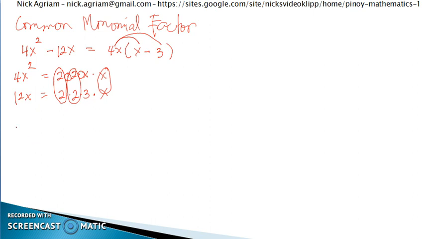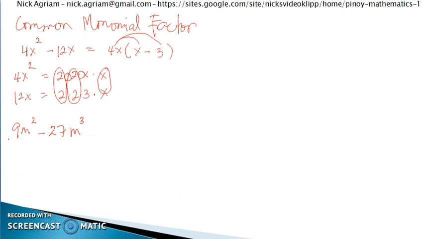Some more. We have 9m squared and 27m cubed, for example.